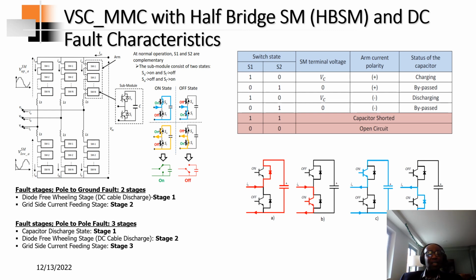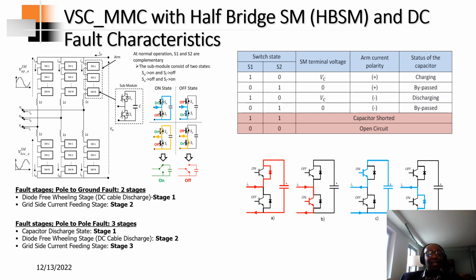Next is the cable discharge. The cable discharge is considered stage 1, where the DC cable fully discharges through the freewheeling diode. That is when the bypass comes into play, where the charged capacitance of the DC cable fully discharges through the freewheeling diode through the bypass mode.